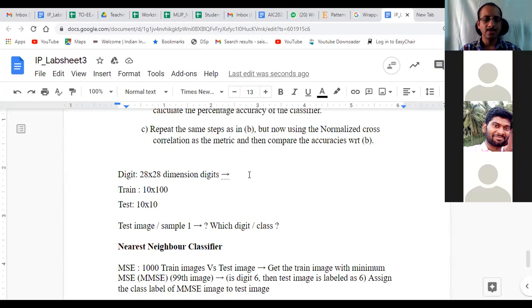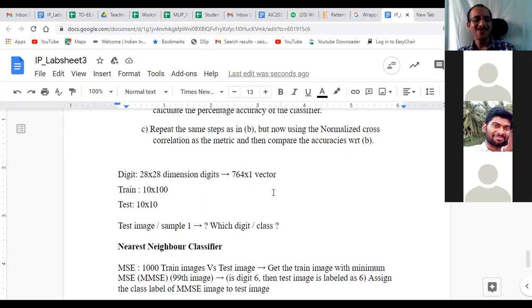No answers, no clues at all. So what is this I have written here? We have flattened this 28 by 28 matrix, sir, using the ravel function in Python. Correct.